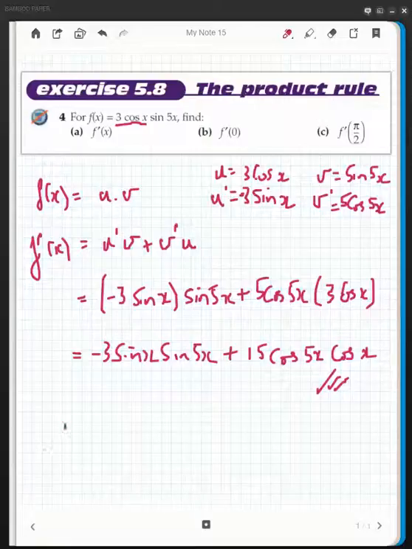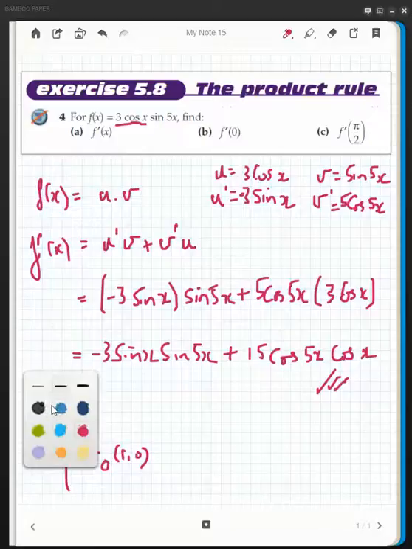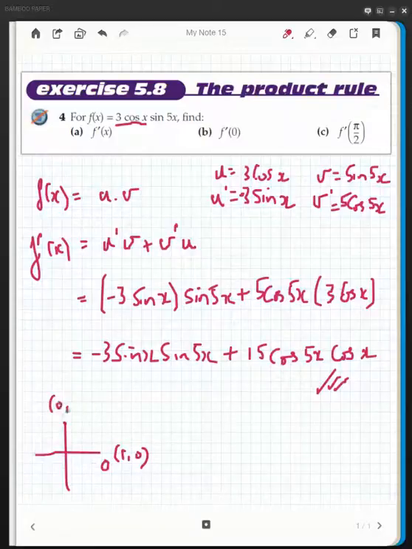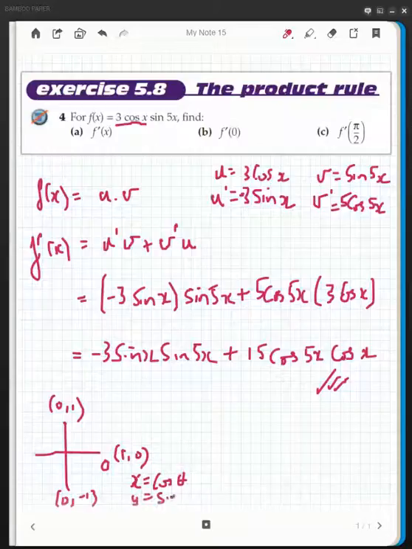Remembering that this is going to be 0, and the coordinate there is 1 and 0, and this is going to be coordinates of 0 and 1, and down there it's the coordinates of 0 and -1, and that x is equal to the cos of theta and y is equal to the sine of theta.